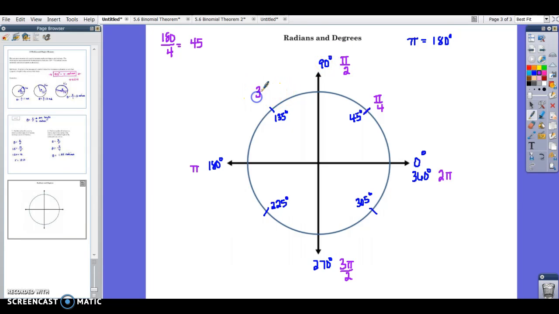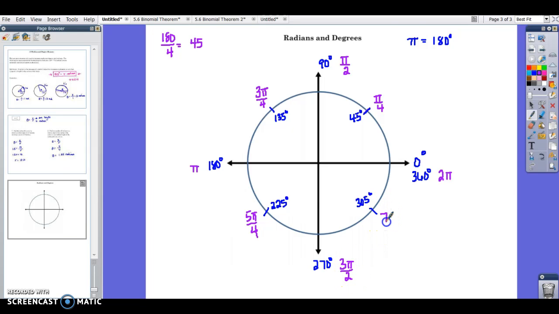135 degrees is 3 pi over 4. Add another 45 degrees, or another pi over 4, and that brings me to pi, right? Another pi over 4 would be 4 pi over 4. That brings me to pi. Add another pi over 4, that brings me to 5 pi over 4. Add another pi over 4, that would be 6 pi over 4, which is 3 pi over 2.